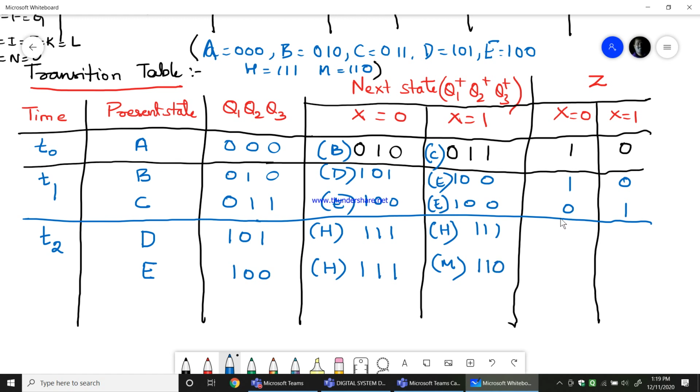Whereas the output is what? At T2 we see at x equals 0 the output is 0, 1 and 1, 0.